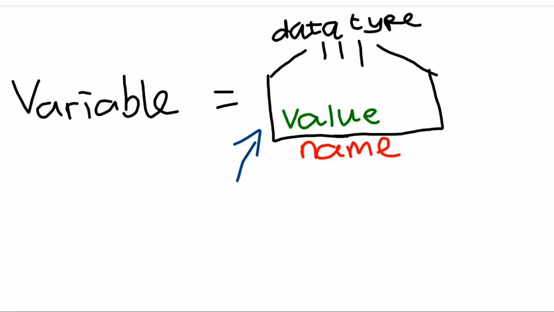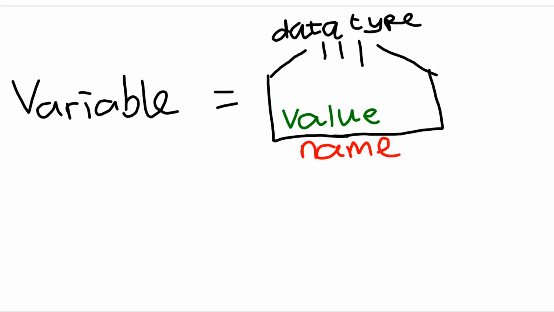And these three lines is what I'm trying to illustrate as a funnel, or rather a filter, meaning only specific things can enter this container. So that's what the data type does.